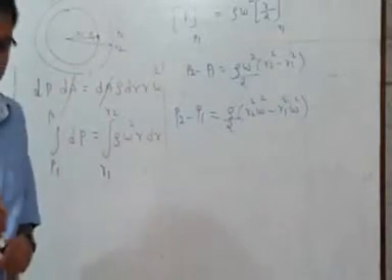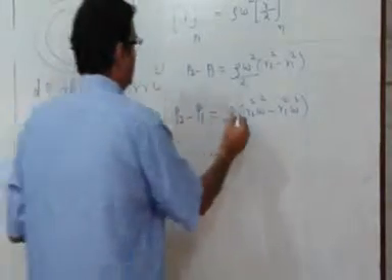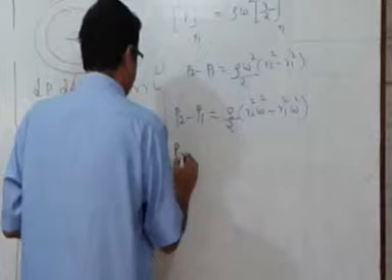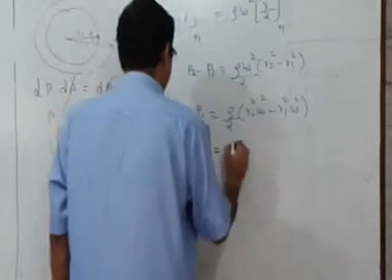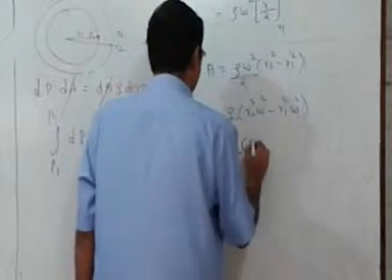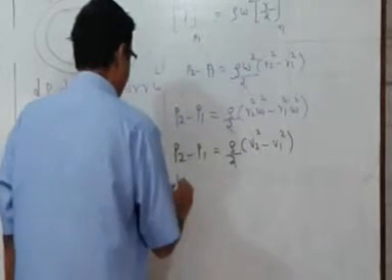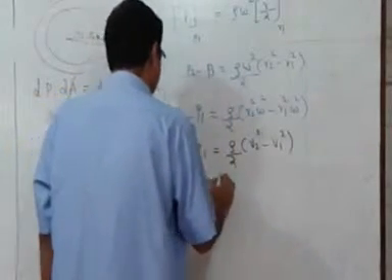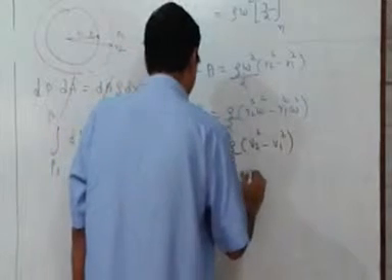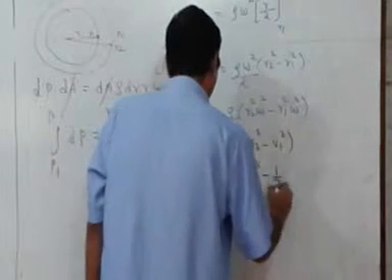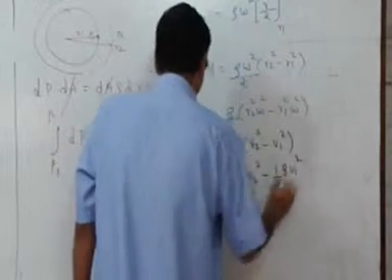We know V is R omega, so R into omega will be V. So the final equation will be P2 minus P1 is rho by 2 into V2 square minus V1 square. Now see carefully, this is P2 minus P1 is half rho V2 square minus half rho V1 square.